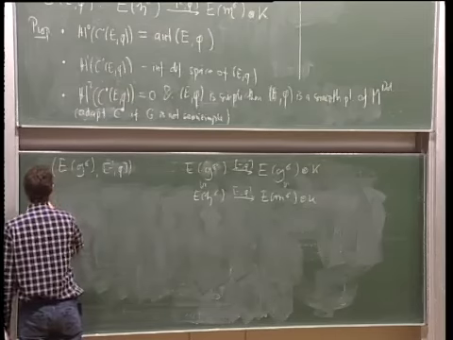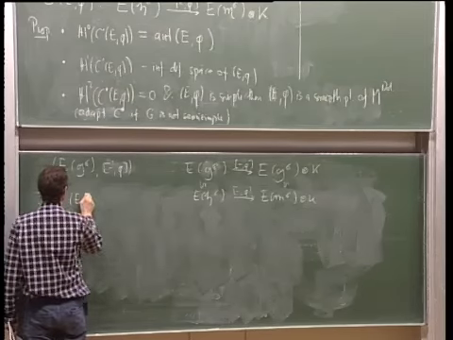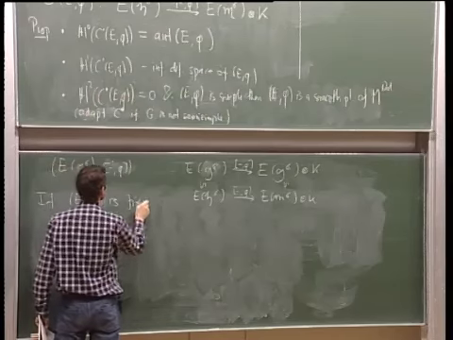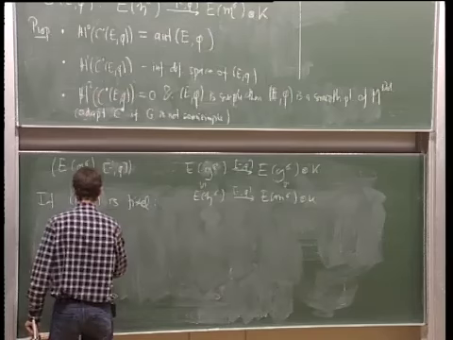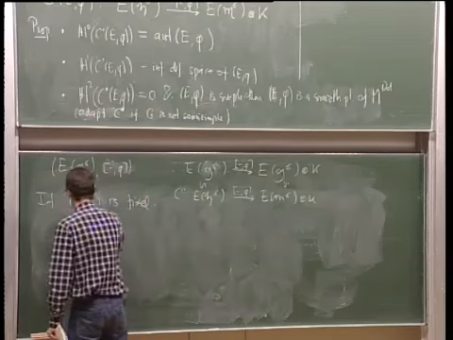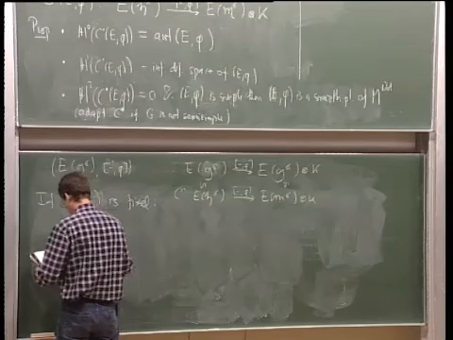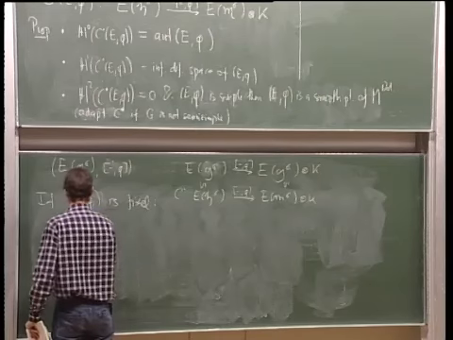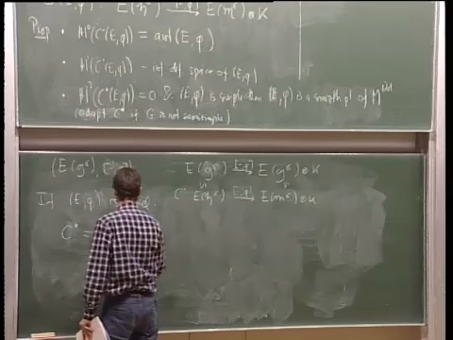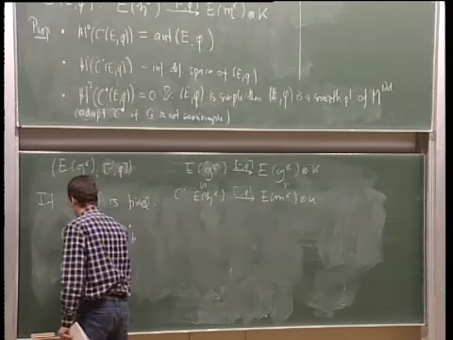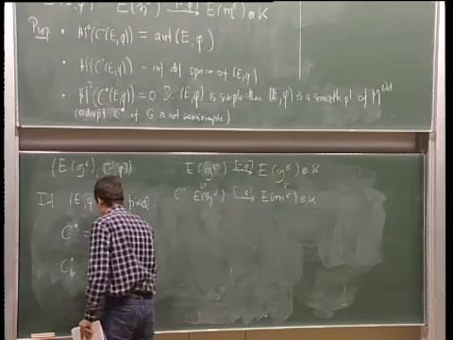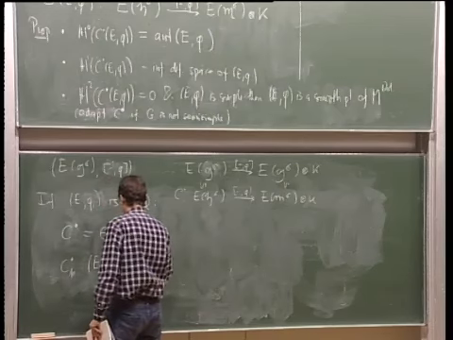So if E is fixed, then this complex here splits again as a direct sum of, say, C_k's, where each C_k is something of this kind.